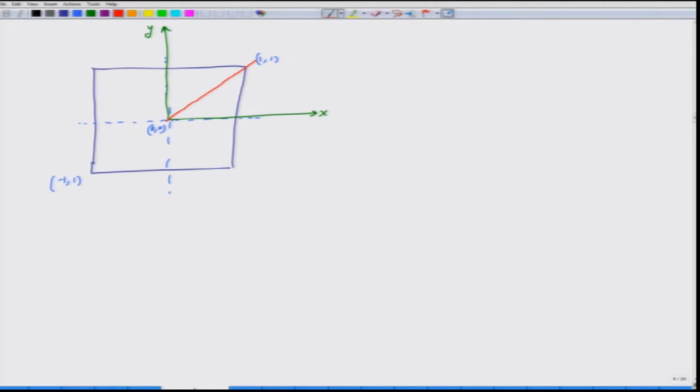What about boundary conditions? On this edge, the vertical edge, the boundary condition is del u over del n is 0 and on the horizontal edge del u over del n is 0, right. So, the boundary conditions are also symmetric.